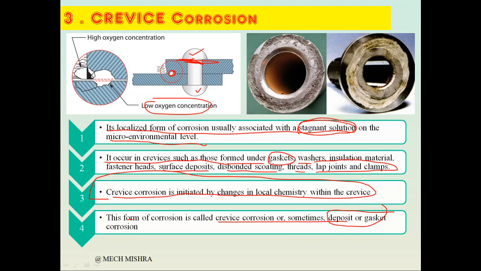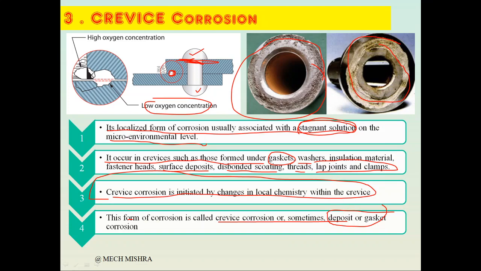Moisture will be entrapped there, and that will cause the localized crevice type of corrosion. Here you can see in both flanges there is localized crevice corrosion. So this also is crevice corrosion.